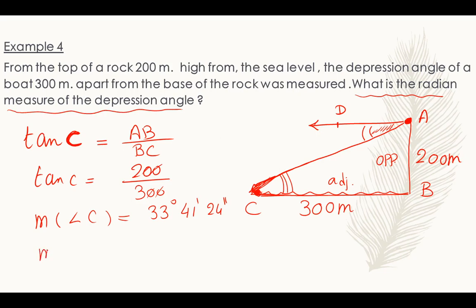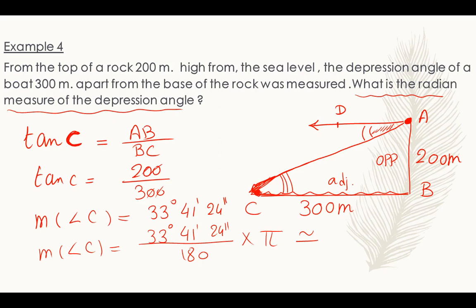So to find the measure of angle C in radians, we will write 33 degrees 41 minutes 24 seconds divided by 180 times pi.